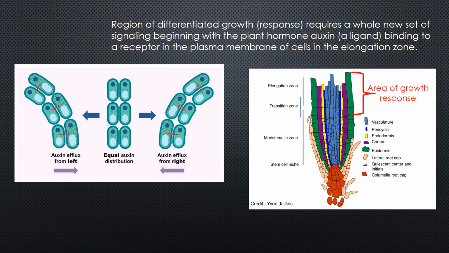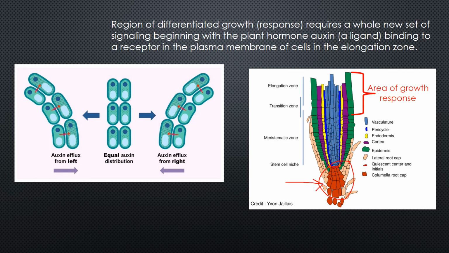So what I wanted to talk about with this is just to kind of show you that it's a little more complicated than just a straight, here's our perception and here's our response all in the same cell. So as we said, the columella cells down here are where change in gravity is perceived. Now, if you've ever seen a root grow and change directions, this is not the area where that growth occurs.